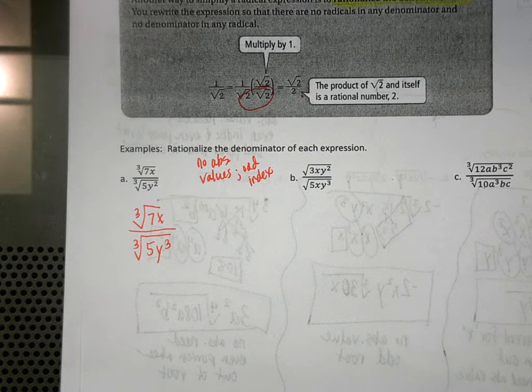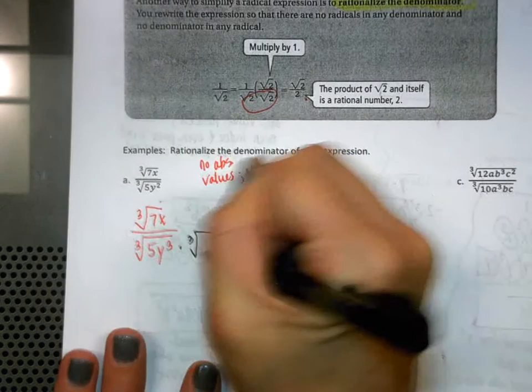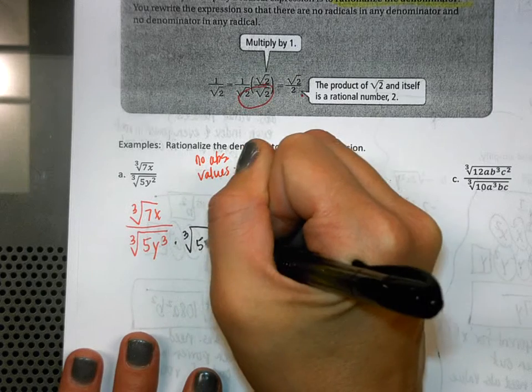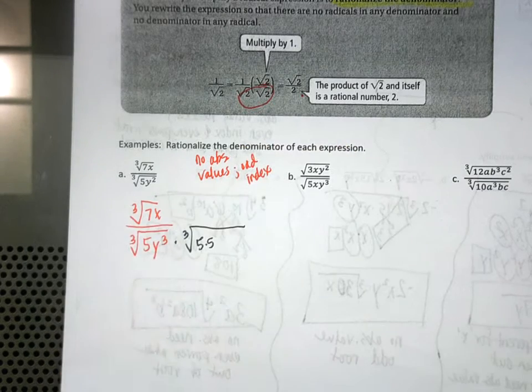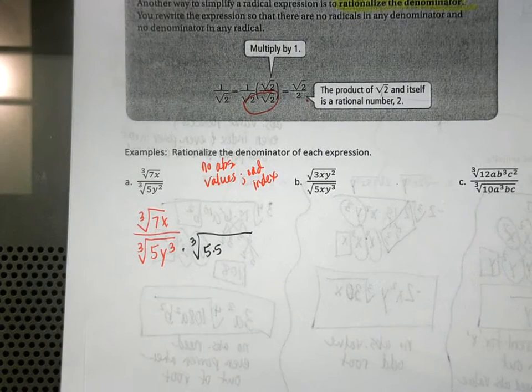I need a total of how many 5's? 3. How many 5's do I have right now? 1. So when I'm multiplying, I'm going to write the cubed root, and you can put 5 times 5, or you could write 5 squared, whatever you want to do. I'm going to write out 5 times 5 for now so I can see visually that I have 1, 2, 3, 5's now.